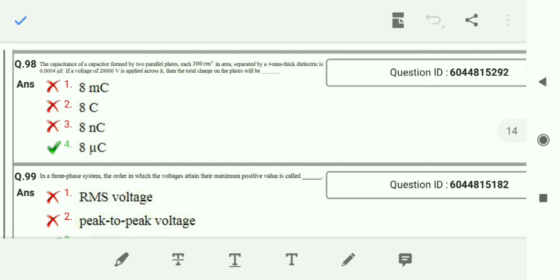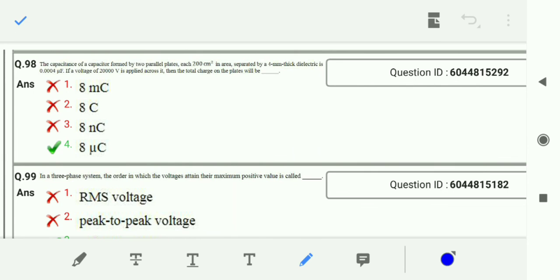Next, coming to the 98th question. The capacitance of a capacitor formed by two parallel plates, each 200 centimeter square in area, separated by a dielectric of 4 thickness, is 0.0004 microfarads. If a voltage of 20,000 volts is applied across it, then the total charge on the plates will be dash. He is asking.